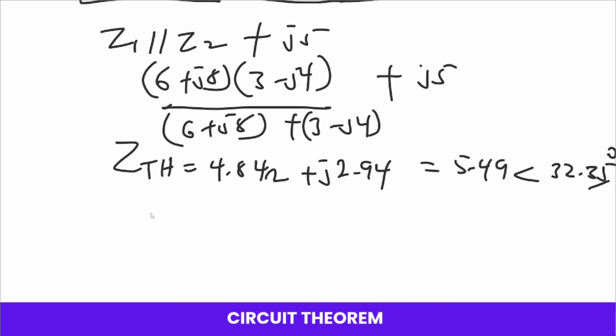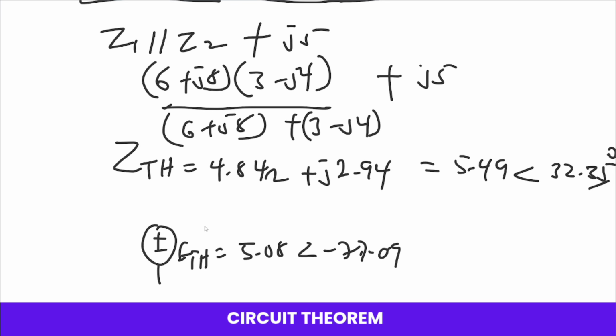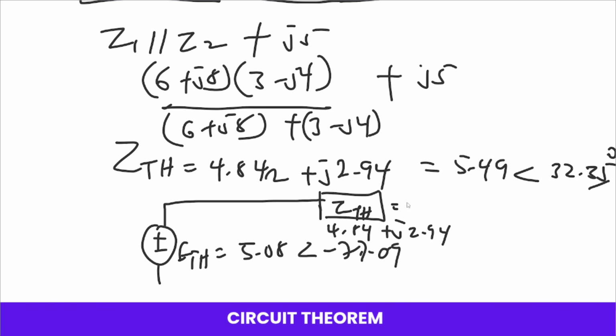Now we've already found ETH, so I want to represent the equivalent circuit diagram, and that will be this. The equivalent ETH was given as 5.08 angle minus 77.09, and then we'll have our ZTH, which is given by 4.84, the one we just found, plus J2.94.